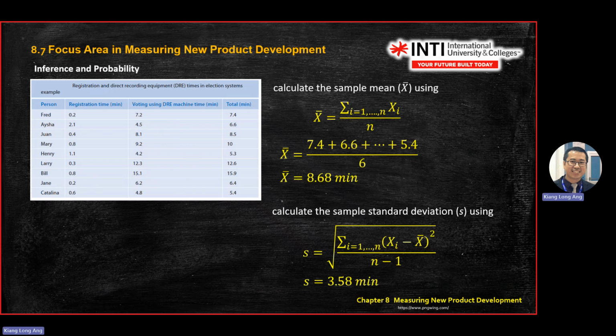This is just a mathematics revision of how to find standard deviation. You find standard deviation given by the square root of the sum of (x minus x bar) squared divided by n minus 1. This is how to find standard deviation. This one you learn in statistics.